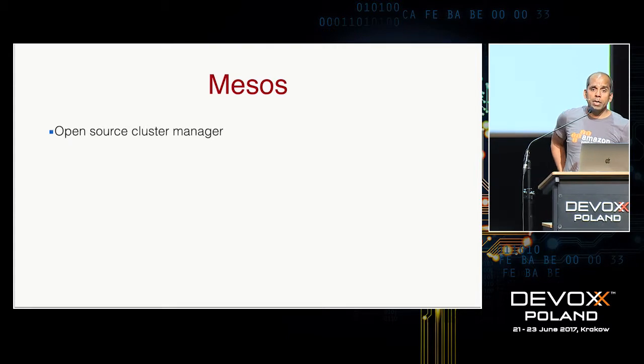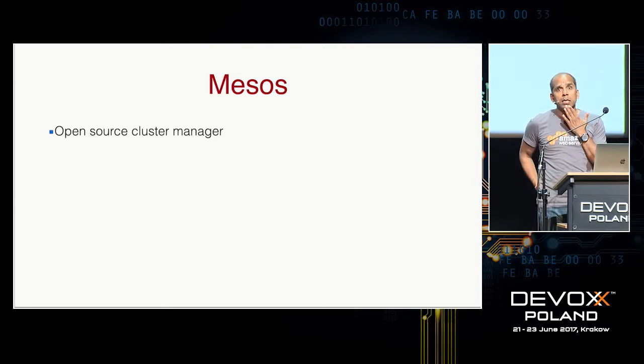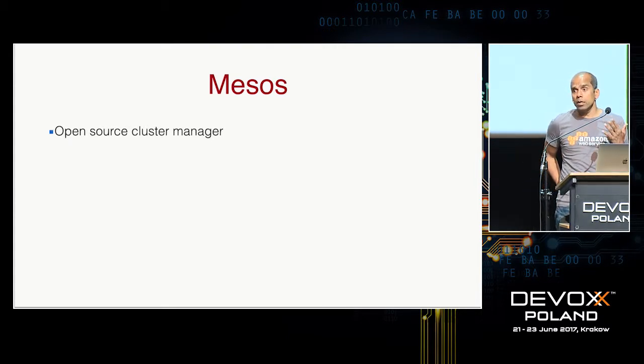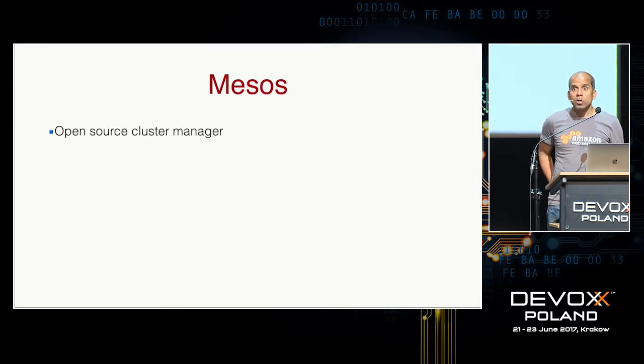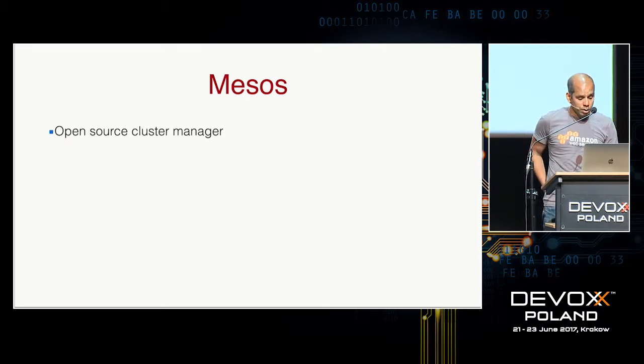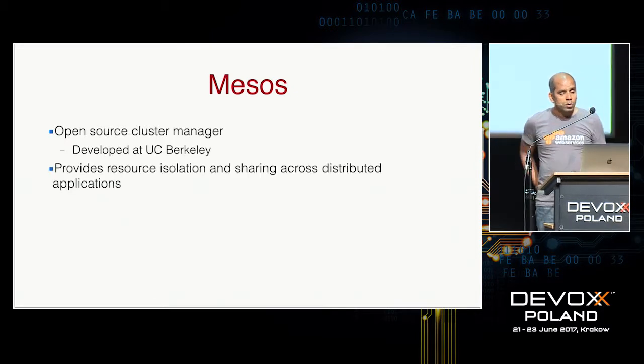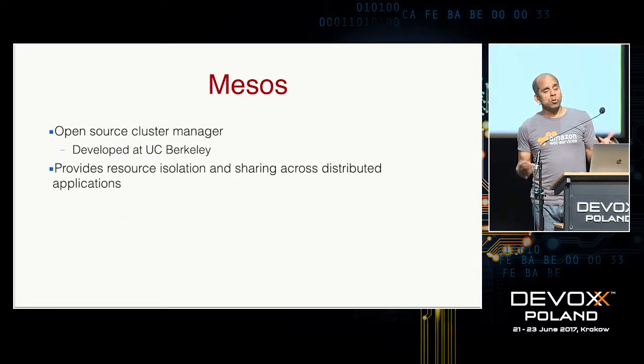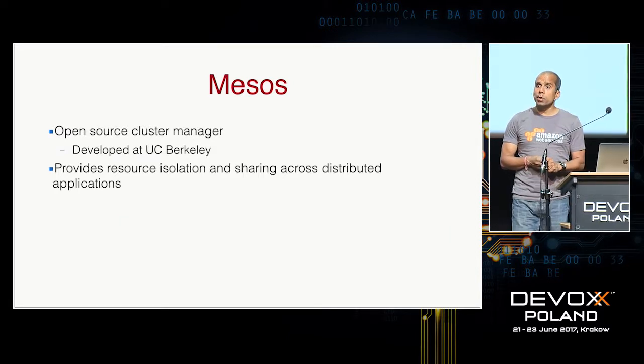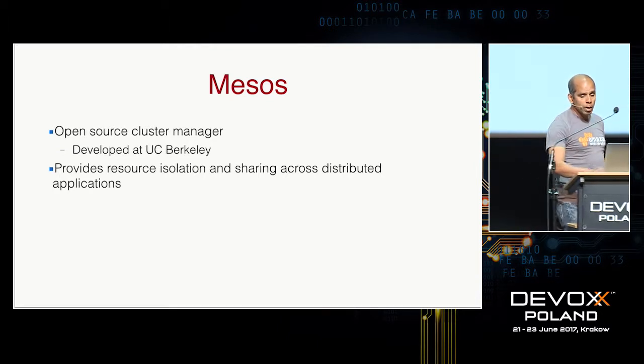So what is Apache Mesos? Apache Mesos was started as a research project in 2009 in UC Berkeley, and it was an open source cluster manager. So this actually predates the containers even being introduced to the industry. So all it does is it provides resource isolation and sharing across distributed applications. And what does that mean?